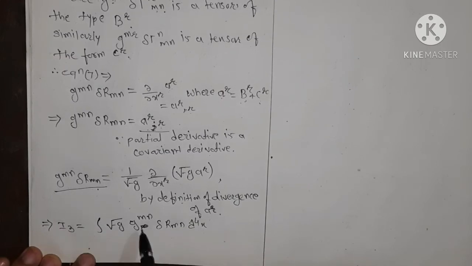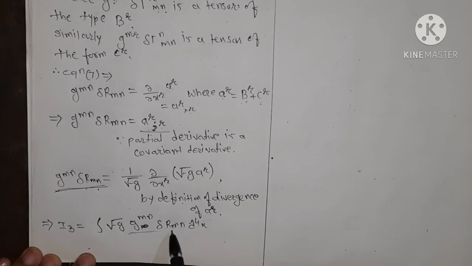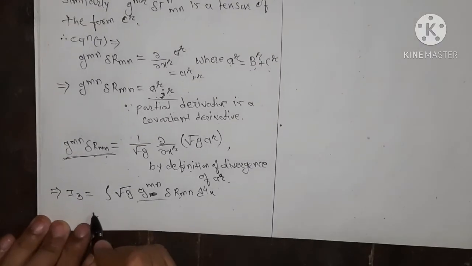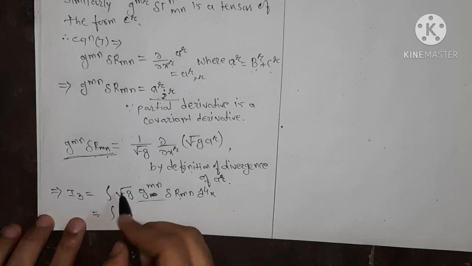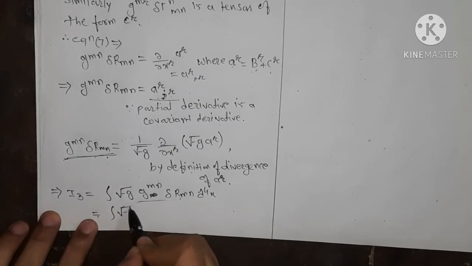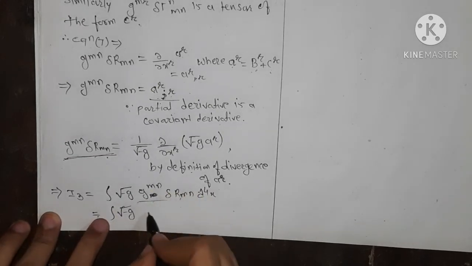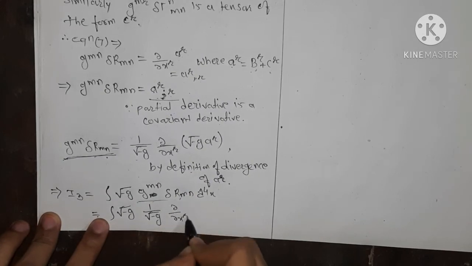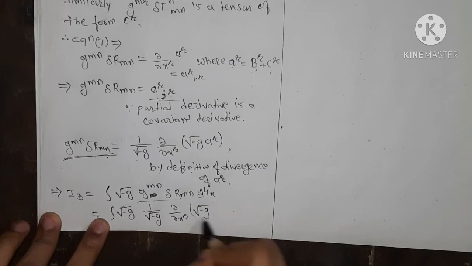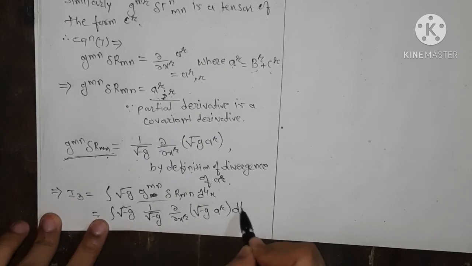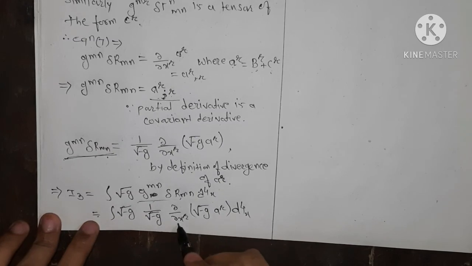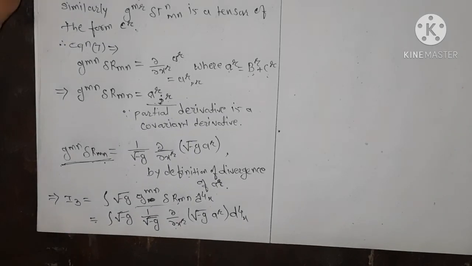Okay, so we substitute the value of this here, so we get the integral of under root of minus g, and the value of this is nothing but 1 upon under root of minus g, ∂/∂x^r of under root of minus g into A^r, and this under root of minus g gets cancelled, so we have ∂/∂x^r of this.